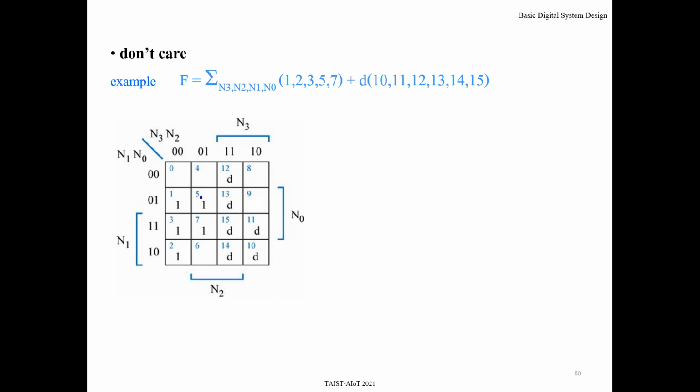Okay, now if I select these 4 cells, N3, N2, N1, N0 is 0, 0, 0, and N3 prime, N2 is 0 here, 1 here, so N2 is absent in the term, N1, 0, 1, absent, N0 is 1, and N0. And for this, 1, right? And to minimize, you should not select only this one cell, but you should select these 2.